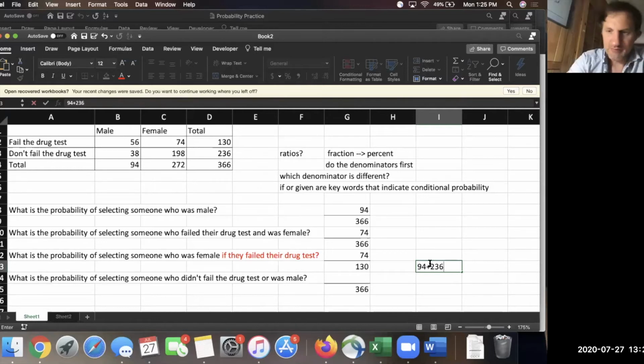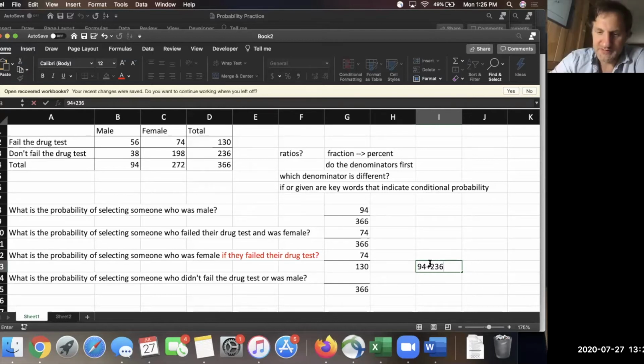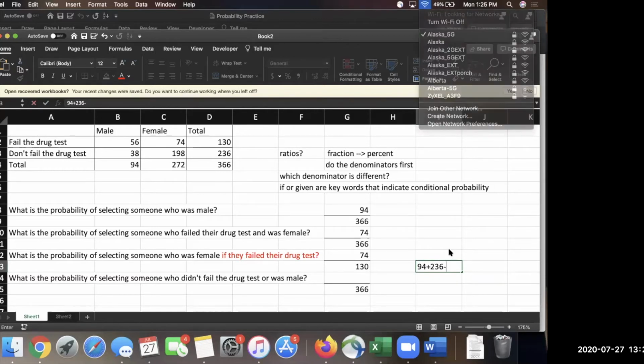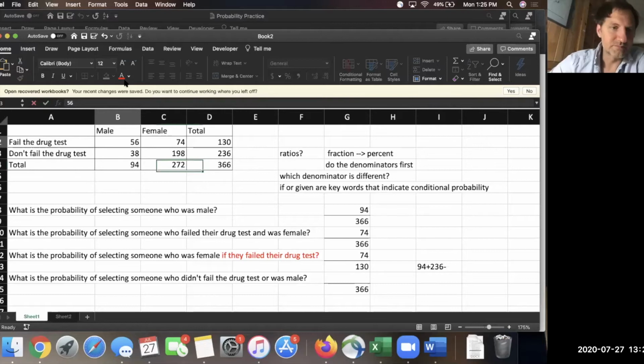Okay, that's halfway there. But now we have to account for the fact that there's overlap. That's what I was getting confused. What do we do to fix that? You've got to subtract some. Yep. We'll look for the overlap.